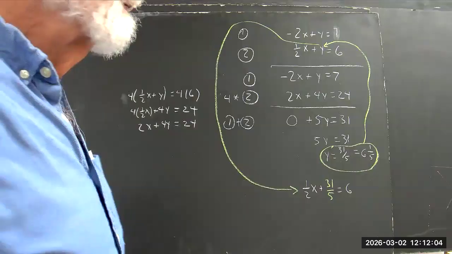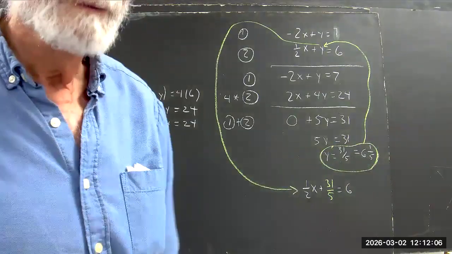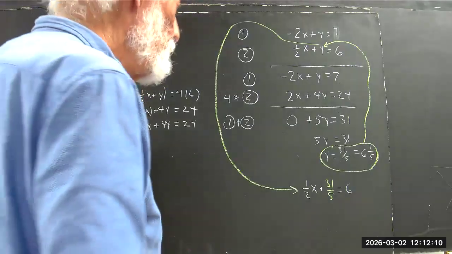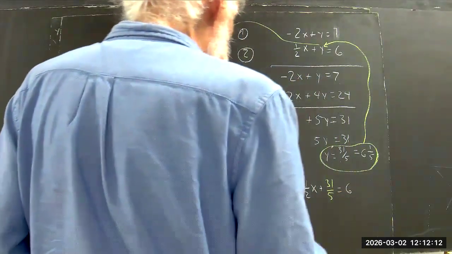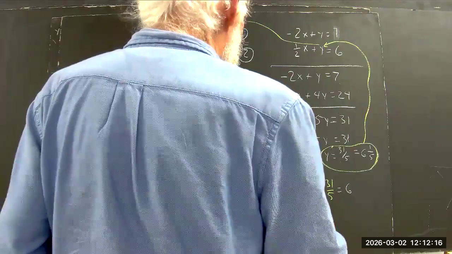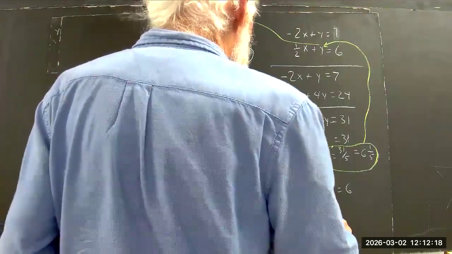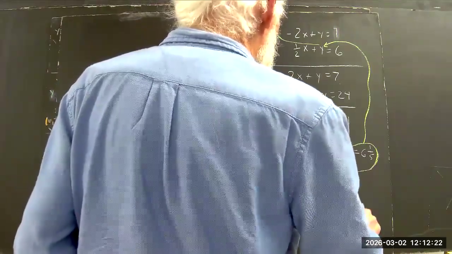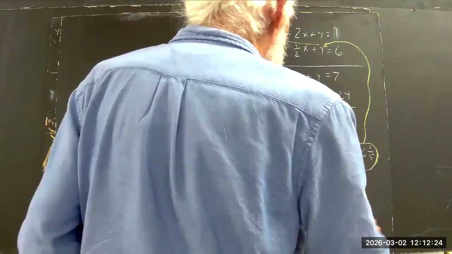You're going to be much happier if you multiply by the common denominator. The least common denominator is 10. 2 times 5 is 10. So we multiply 10 times 1/2 x plus 31/5 equals 10 times 6.